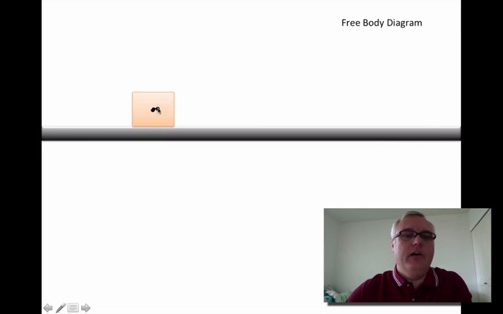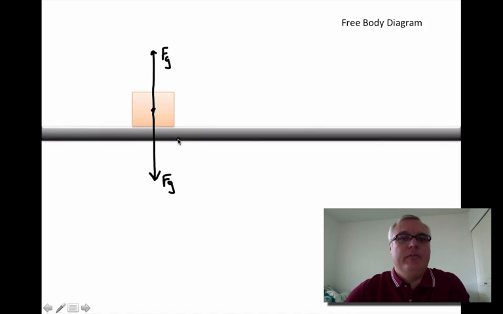So if you can imagine the block having a center of mass right here in the center, the force of gravity obviously would be straight downwards. And just like we had before, there will be a normal force acting upwards, equal but opposite to this. Right? So you can see our vector diagram looks slightly different. The tail of every vector is starting at the center of mass.